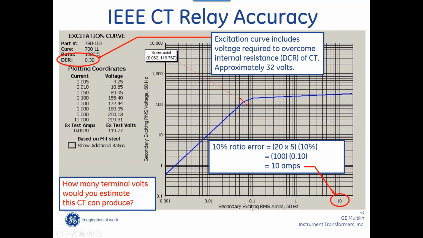And here they have the secondary excitation RMS amps, which is very confusing and not what you really want to see, but it's what they give you. Right here, this 10 amps represents my ratio error. So this point right here is equivalent to the 20 times current. So this CT, as you can see right here, can anybody tell me how many volts that is right there?